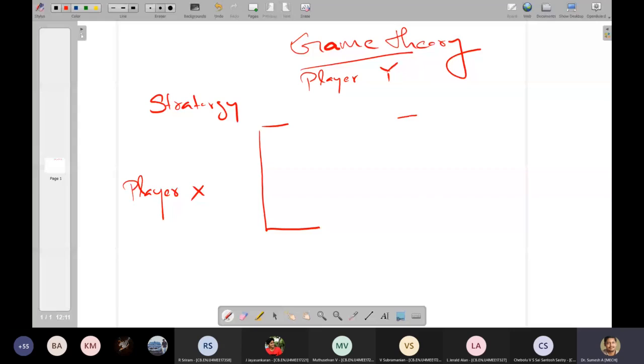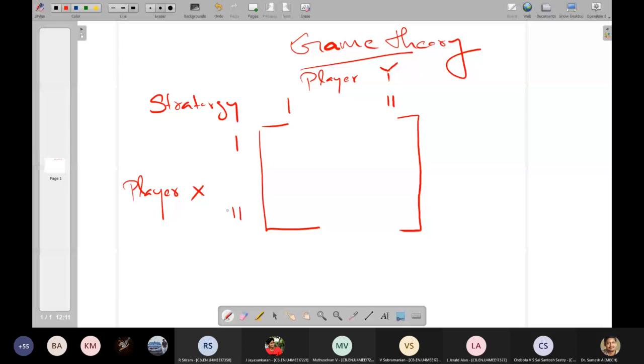Player X also has two strategies, strategy 1 and strategy 2. So this is 2, this is 3. I'm just giving some values: minus 3, minus 2, minus 1 and 1.